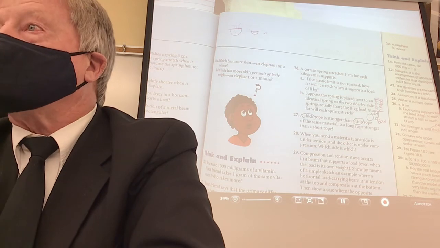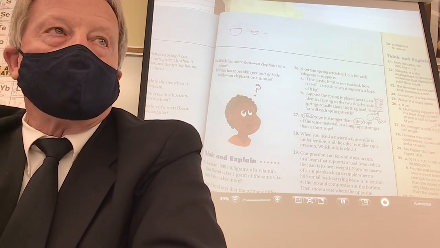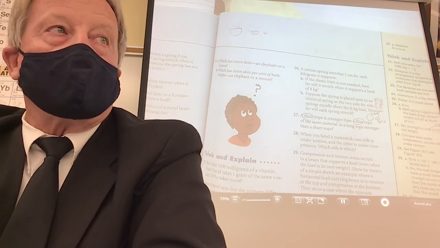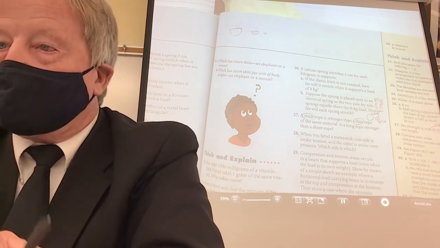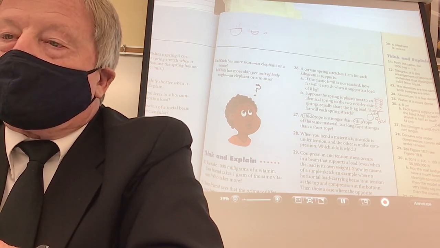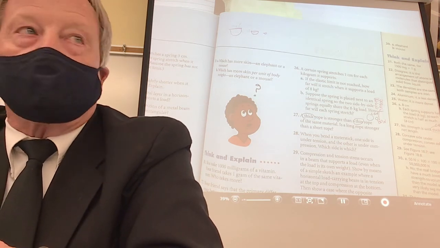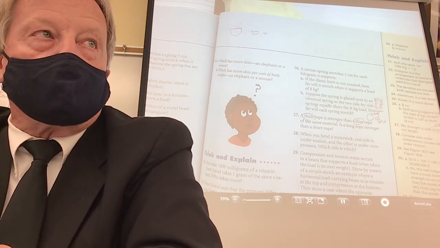So the force is 3 times greater, so the stretch has got to be 3 times greater than 3. That's 9. Yes. Is the steel beam slightly shorter when it stands vertically? Yes. All right, not a lot, because there's only a little bit of compression, but a little bit, right?